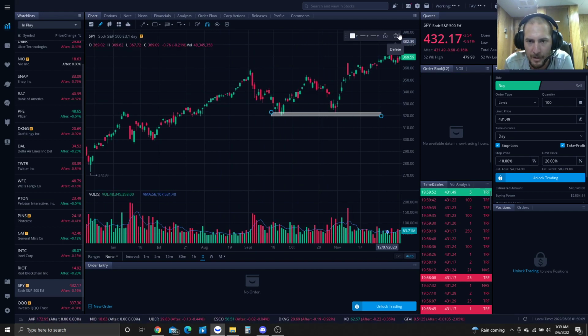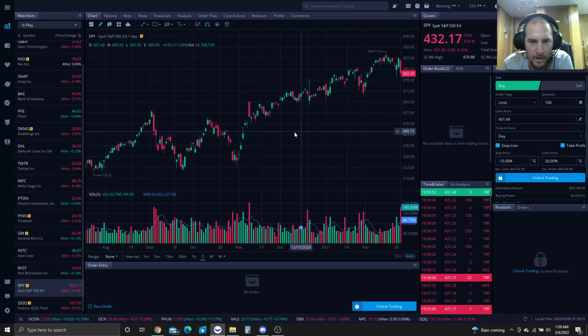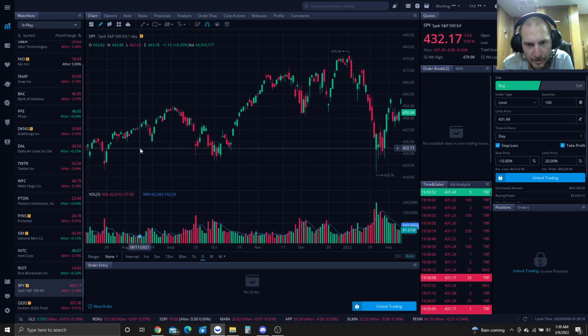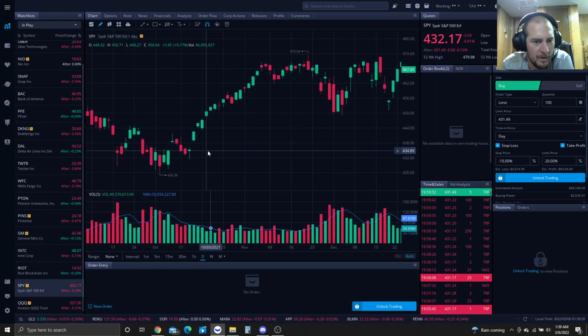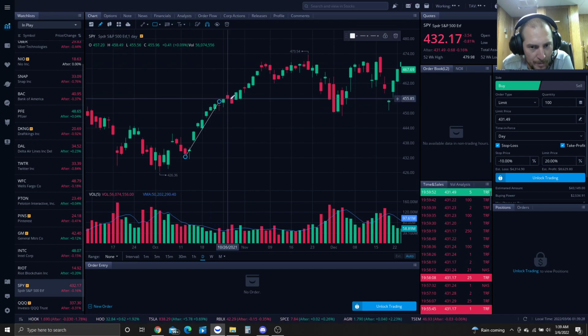And then the next setup, you're looking for a strong rally into a base into another strong rally, which is this here, right? So you get this strong rally into this base here.